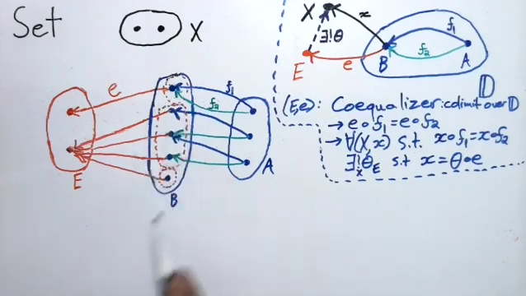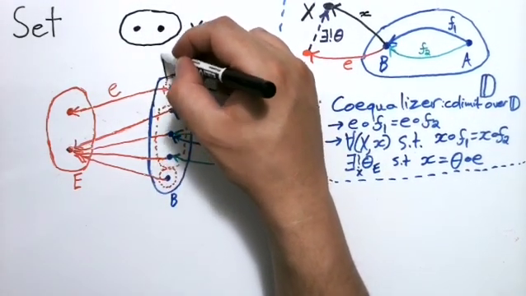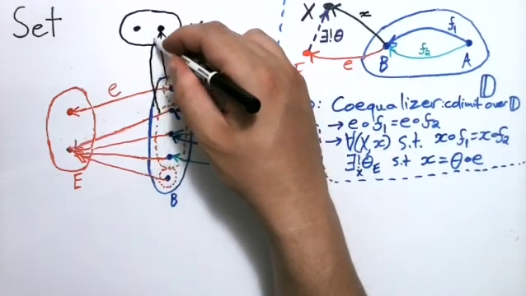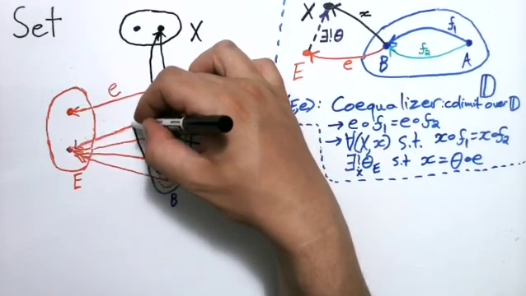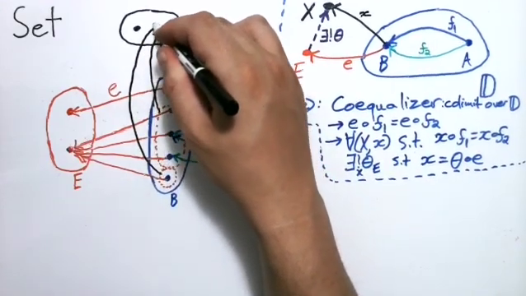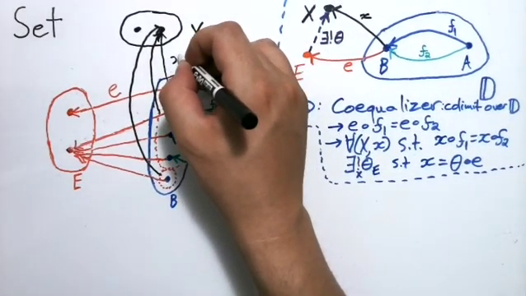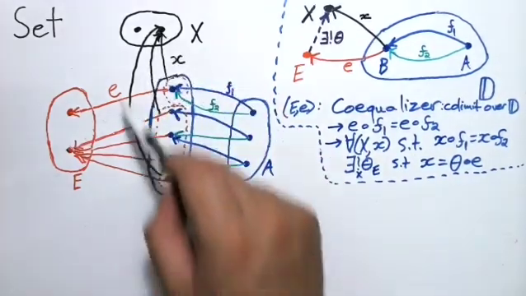So it has to be constant on the equivalence classes in order to be a cocone, but let's just make it constant across the whole function. So let's say this one maps here, and this one maps here, and this one maps here, where this is little x, and we've just drawn the mappings from the equivalence classes, right?